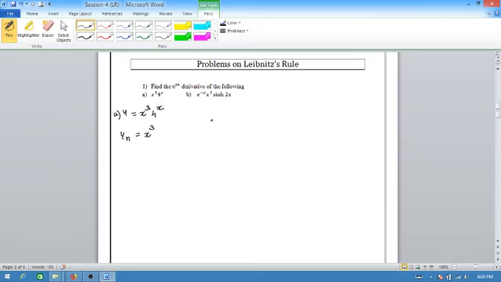You know the nth derivative of a raised to mx is (m log a) raised to n into a raised to mx. Here a is 4 and m is 1, so it is (log 4) raised to n into 4 raised to x.